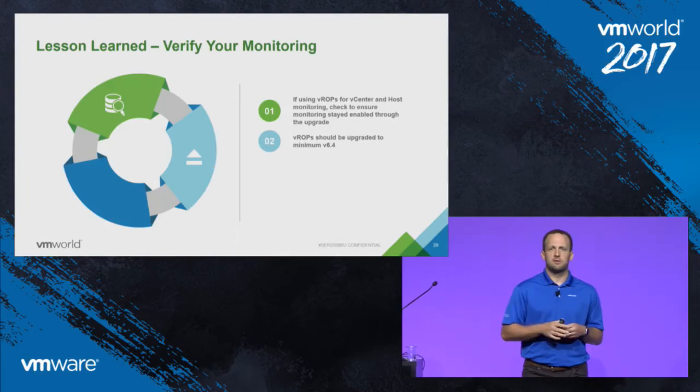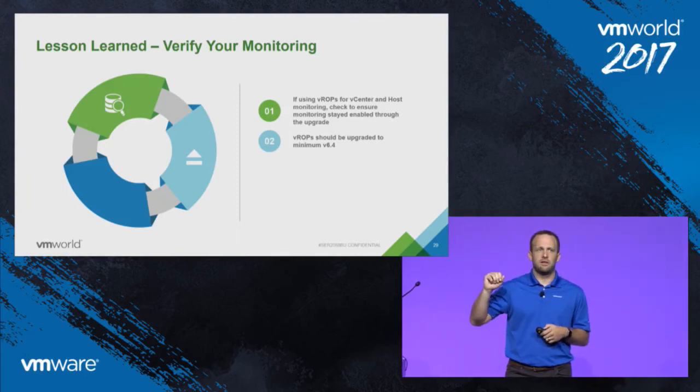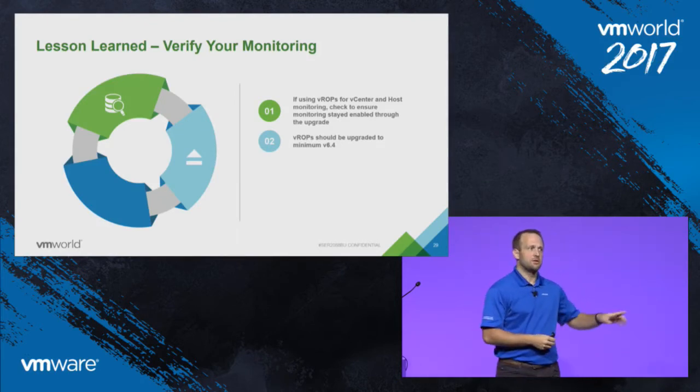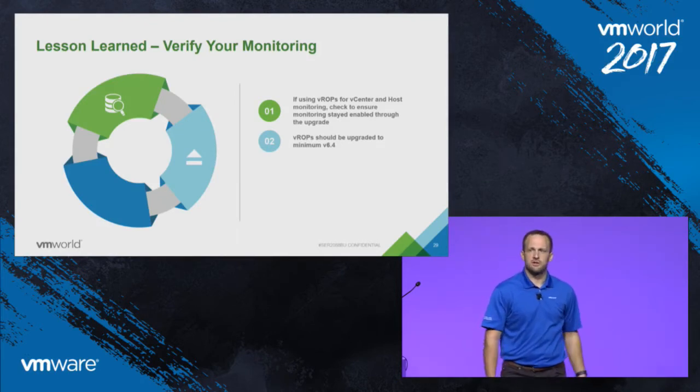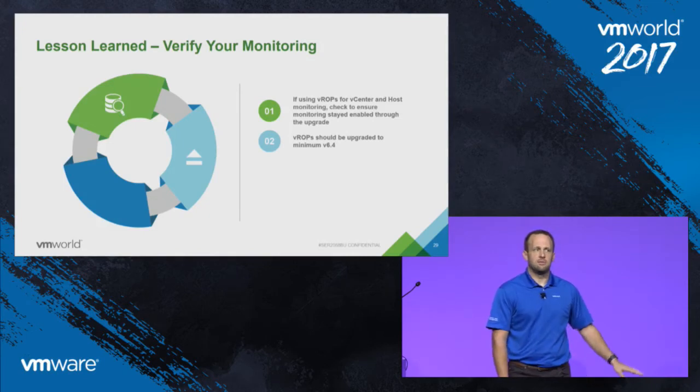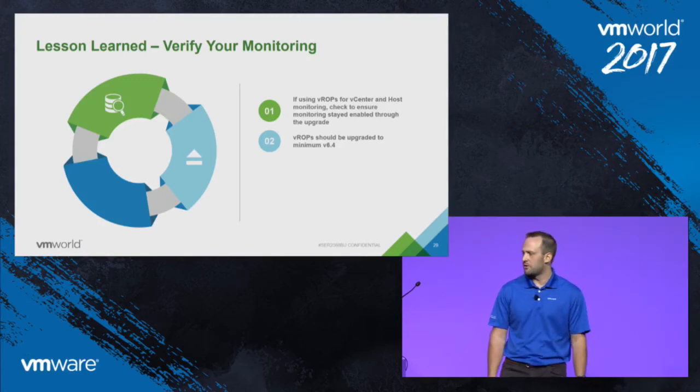Who's running vROps today? Who's running less than 6.4? Who's running 6.5, the latest still, or is it 6.6? Who's running 6.6? Good. You want to make sure that your vROps is at least 6.4 for vSphere 6.5. Otherwise, you're going to get some weird wonky results. vSphere 6.5 introduces some new metrics, especially at the host level.